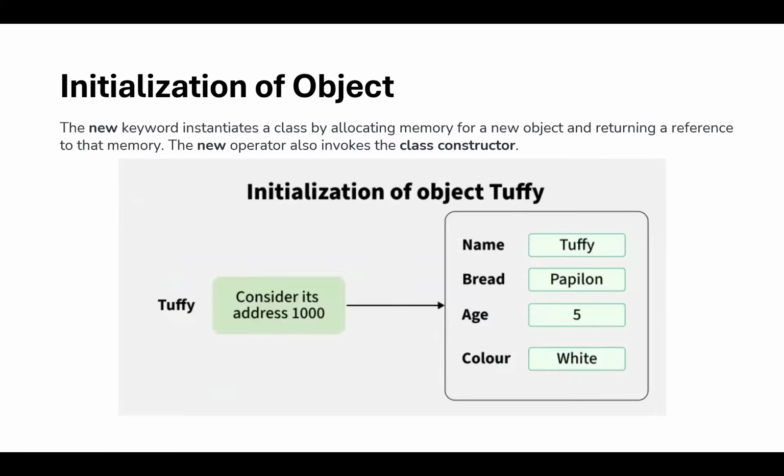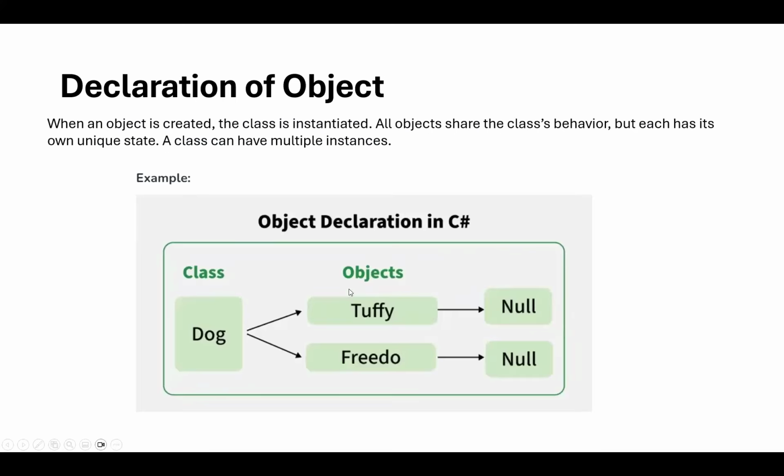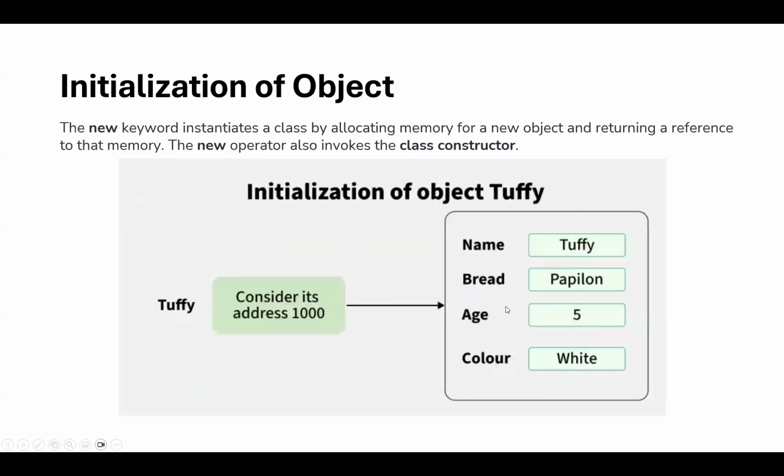After that, when you create an object, this object is only linked to a place in memory where this object will be stored. But when we only declare an object, there is no data in memory. After that, you must initialize this object. So you need to provide real information for your object.